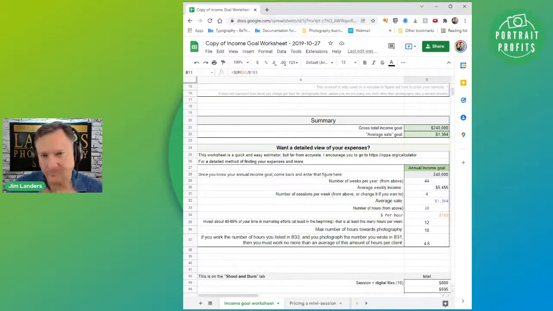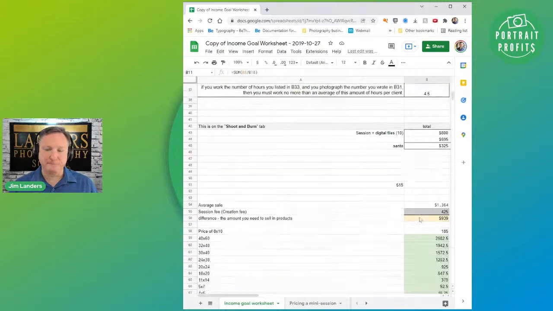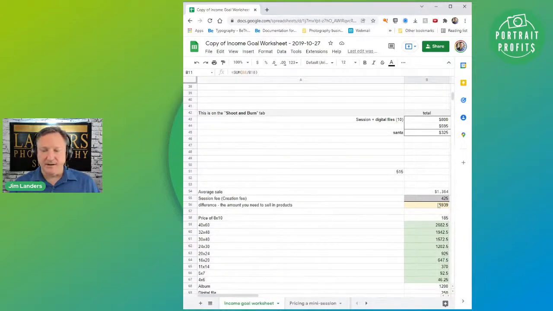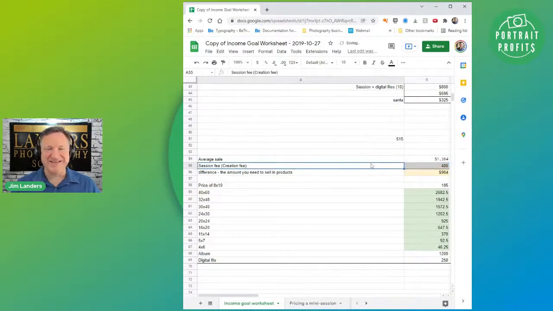All right, print prices. This brings us to the last part, print prices. If our average sale is $1,364, about $1,400, and if we choose to have a creation fee, which I do, my creation fee is $400, and that's just for my time.